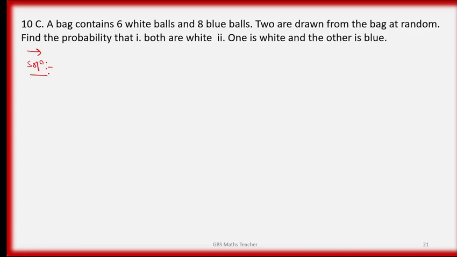Before the solution, let me highlight the question. यसमा पनि तपाईको के छ, 6 व्हाइट बल्सहरु छ, 8 ब्लू बल्सहरु छ, randomly select गरेको छ, both are white निकाल्नु छ, one white and other is blue निकाल्नु छ। अब यसको नि हिन्ट्स मा जान्छु म। 6 white plus 8 blue equal 14 balls.